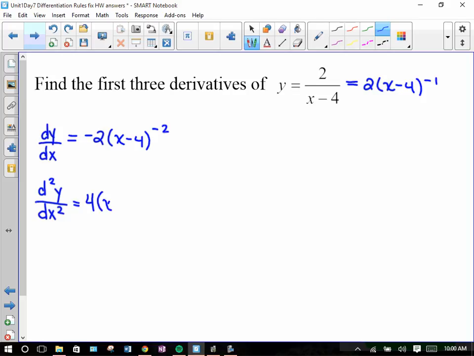I still have my x minus 4, and then I subtract 1 from the exponent. Good.